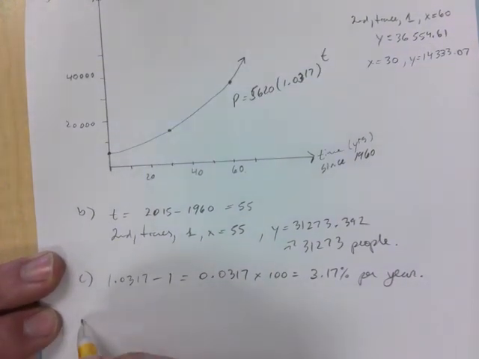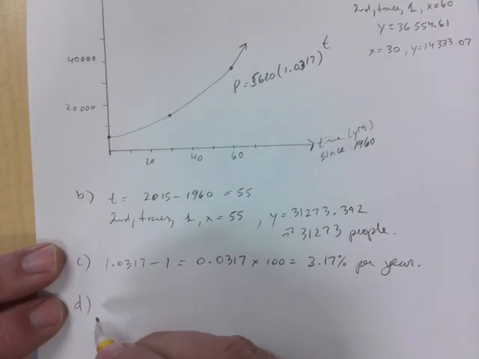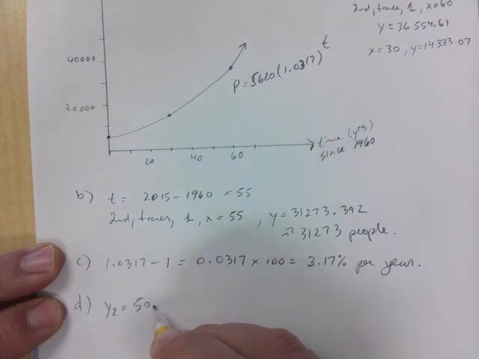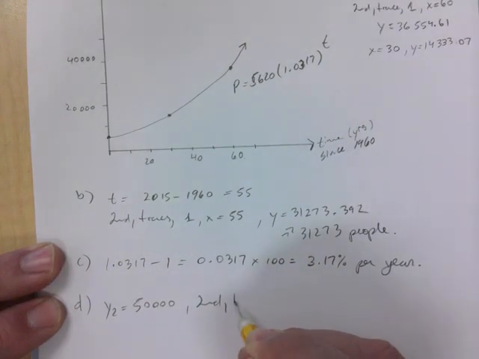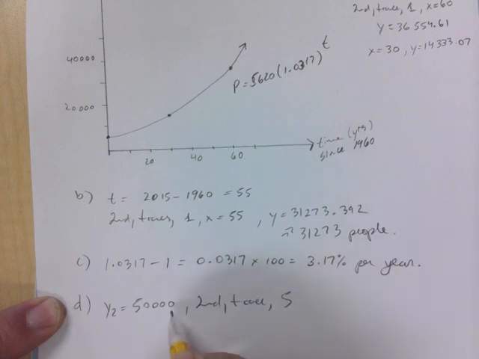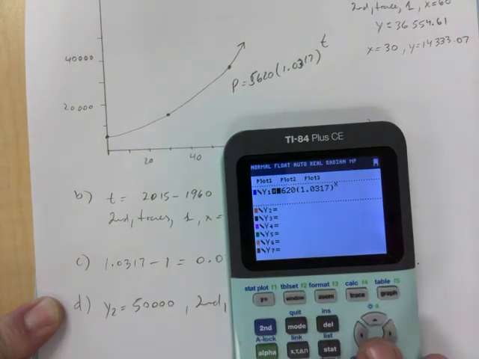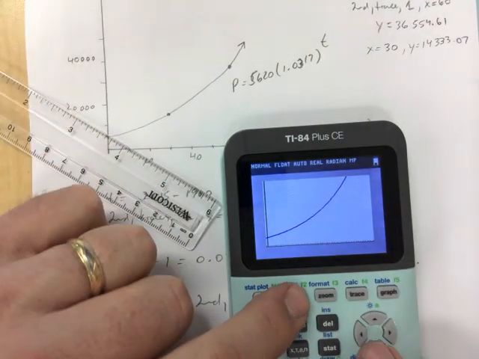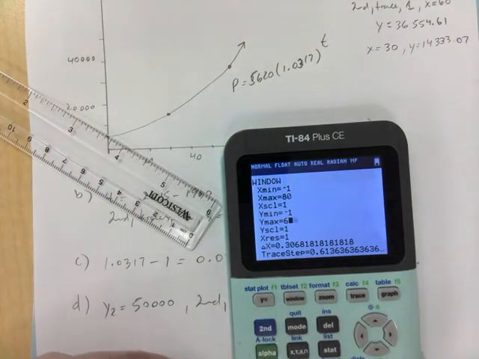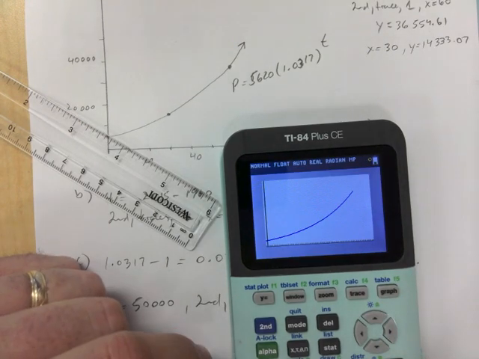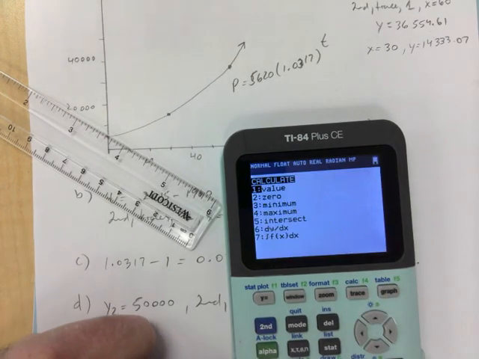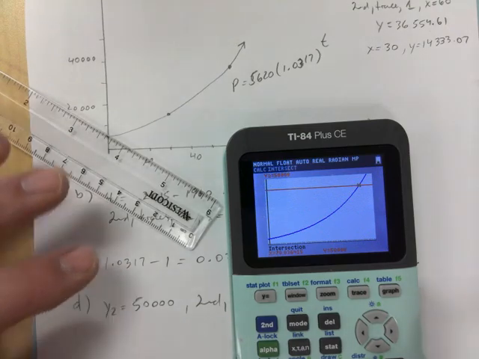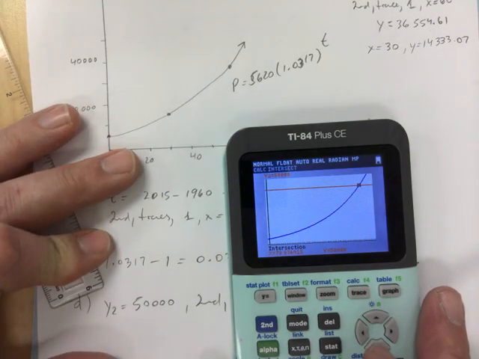Okay. D, if the municipality continues to grow this way, when will it reach 50,000 people? That's D, right? So we need to make that our 50,000 and then find the intersection between the 50,000 line and the curve. And I probably won't fit that, right? Yeah, my window isn't. I will go 60,000 here. There we go. And that's 70.04.